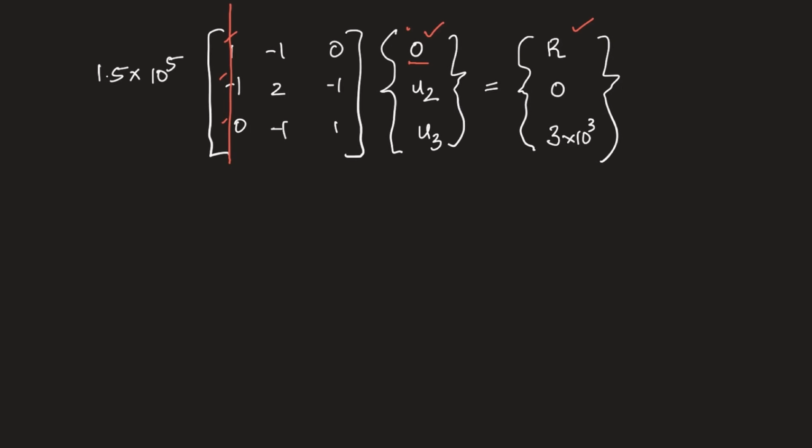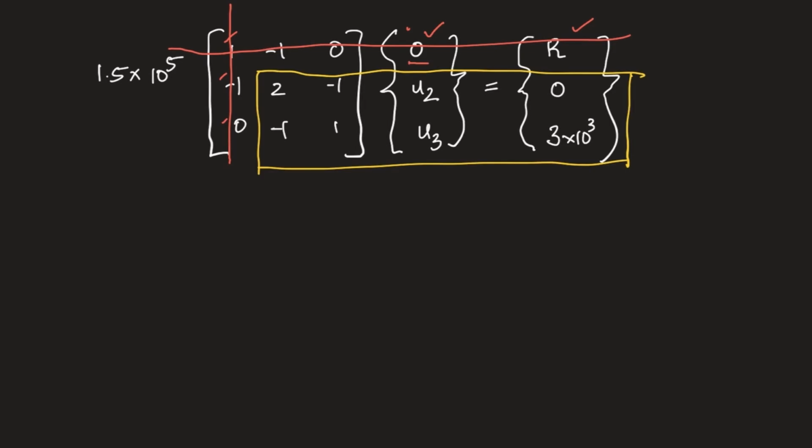R actually is not an applied force, but a force which develops as a reaction because we have fixed that particular node. So the first equation does not help us in solving this, so we can cut the first row here. Now what remains is what is shown inside the yellow box, so we will write that below.